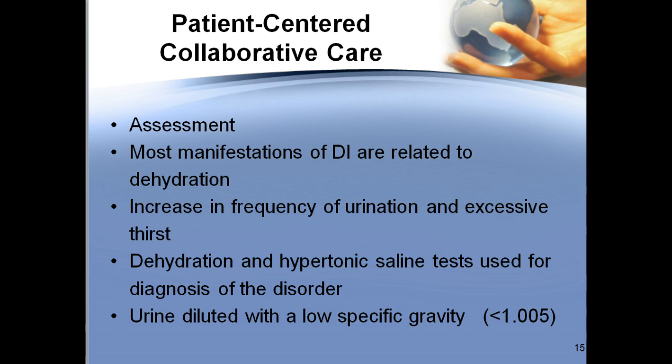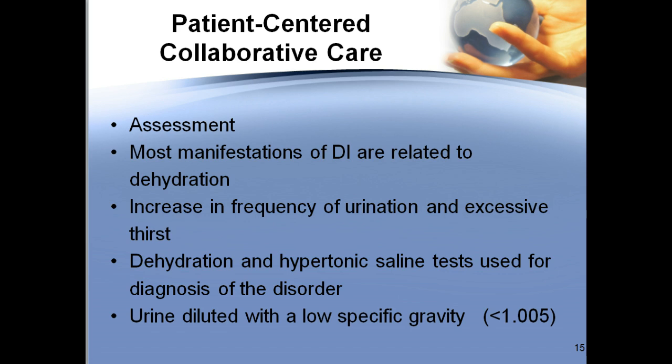You're going to ask about a history of other factors, such as have they had surgery like a hypophysectomy, have they had head trauma, or are they on any type of drug like lithium. Remember, I was telling you about that when I was talking about secondary diabetes insipidus and drug related diabetes insipidus. So you're going to ask them these things.